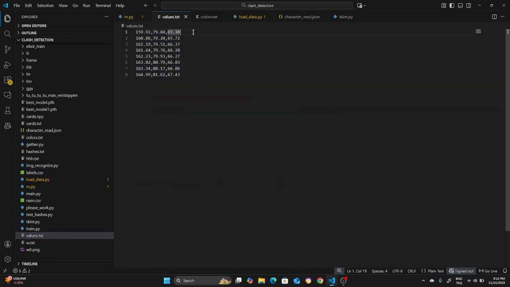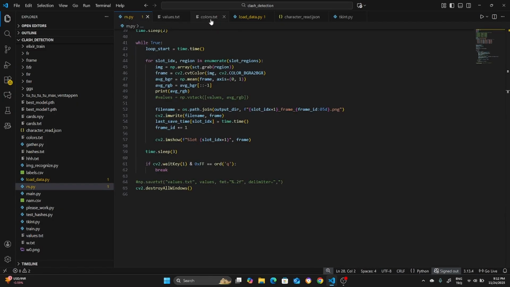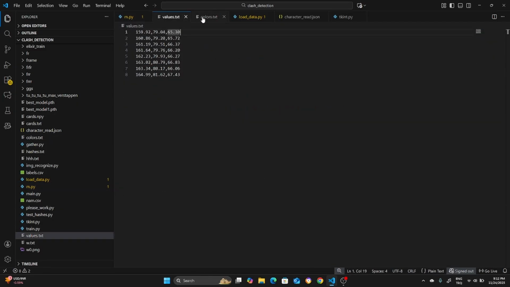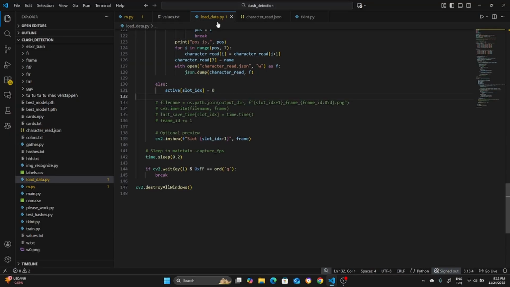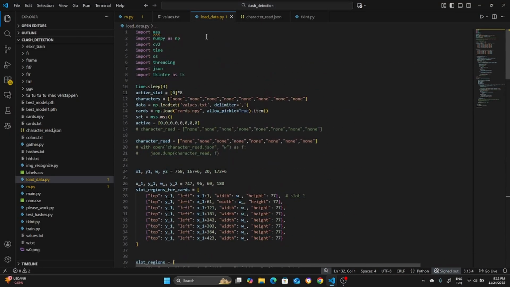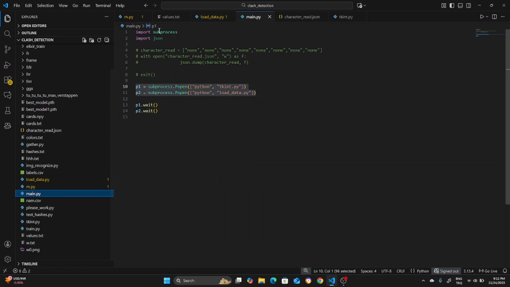Values.txt here. So this is the first RGB value of the first area, second area, and so on. We have values, colors. No, values is the right one, I think. Load data, this was my main function, but before that I should say that I actually used multi-threading. I use subprocess to run two different tasks, but it's like multi-threading.